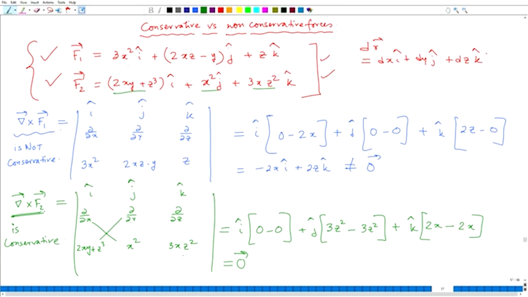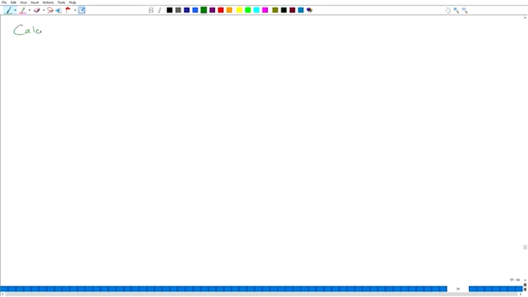Now, if I give you an exercise that under these two forces you have to calculate the work done to move a particle of, let us say, mass unity or 1, from 0 0 0 to 2 1 3, this point to this point.